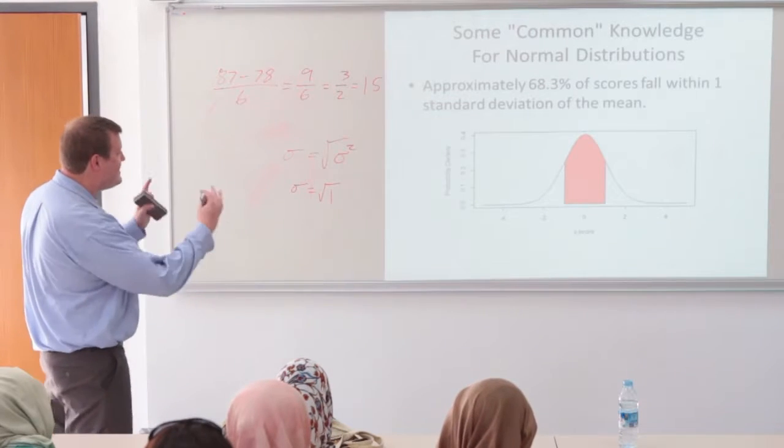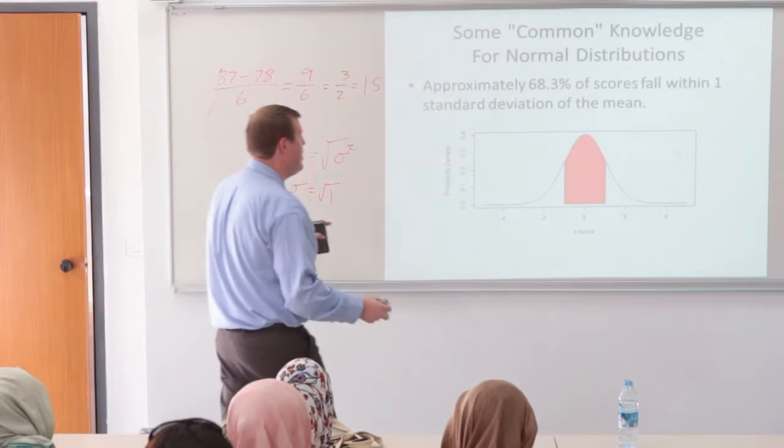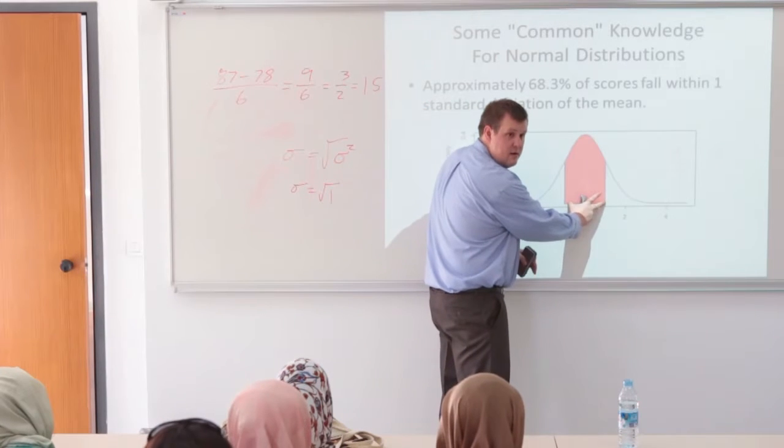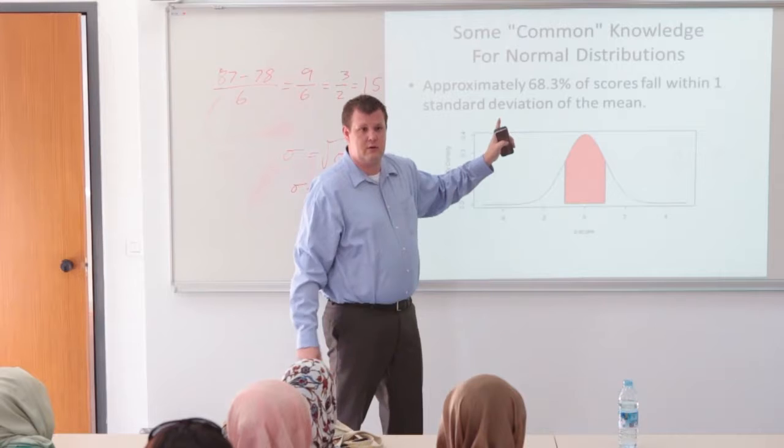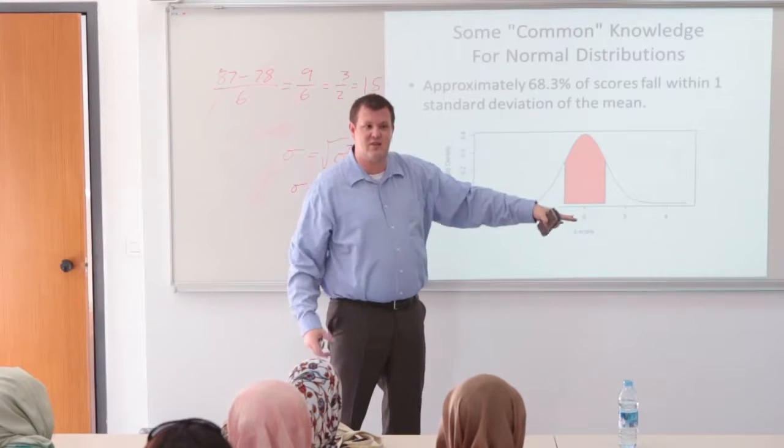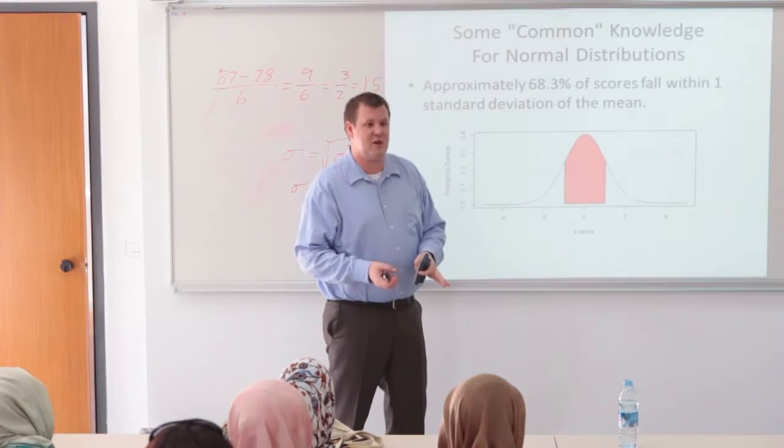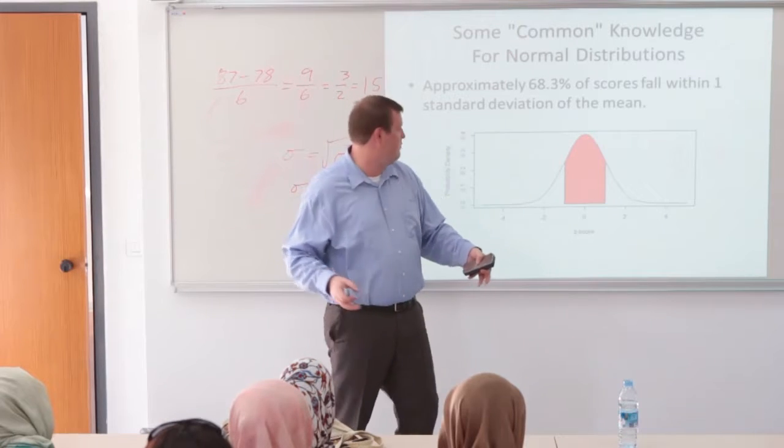So approximately 68.3% of the scores fall within one standard deviation of the mean. This is for a normal distribution. The z distribution is a normal distribution with a mean of 0 and a standard deviation of 1.